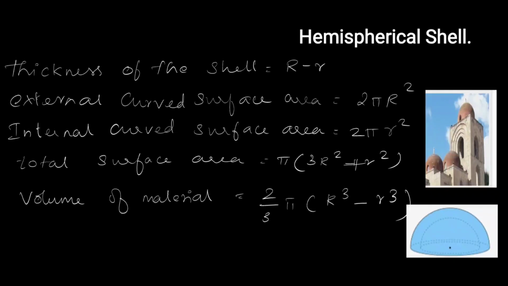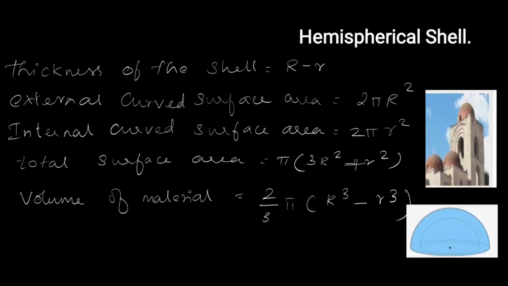It can also be called a dome. In a dome, the inner part is just empty. The thickness of the shell is measured, and it is the same as for the spherical shell, which is capital R minus small r. Capital R is the outer radius and small r is the inner radius of the shell.